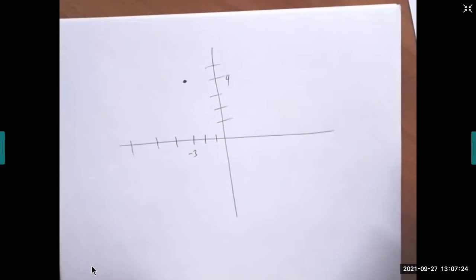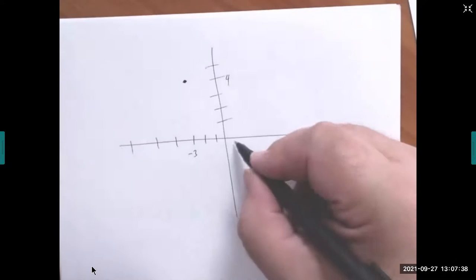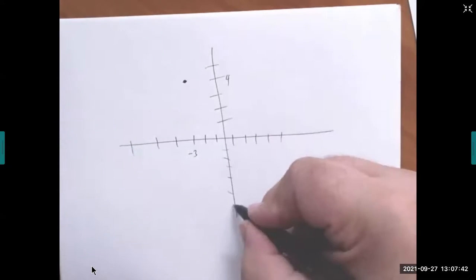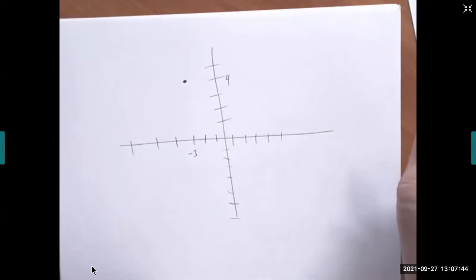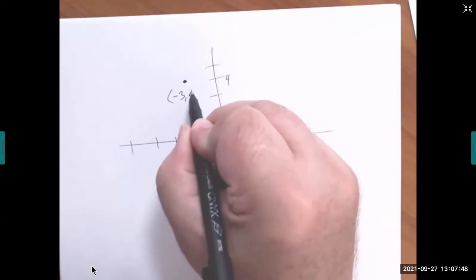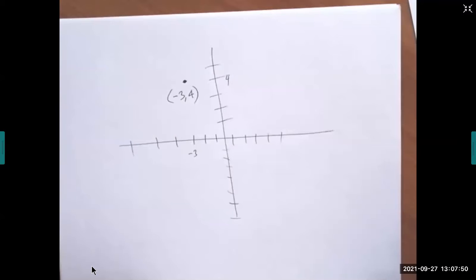Give me a point that's symmetric about the y-axis.